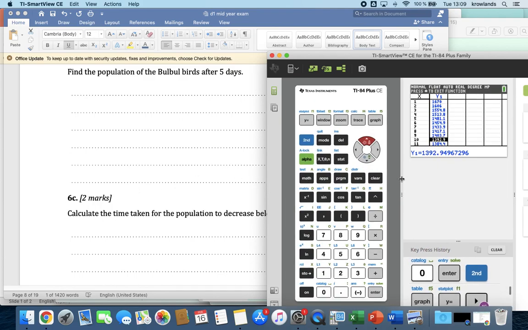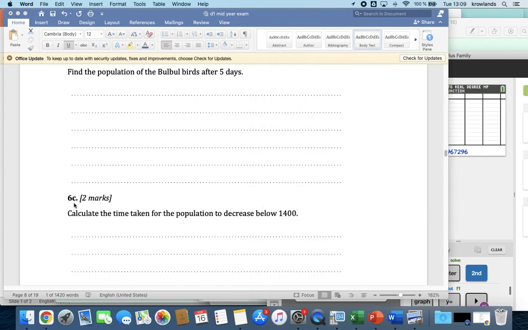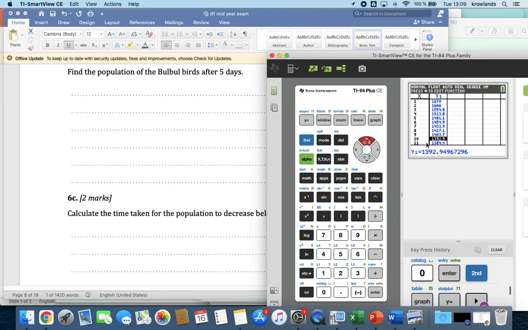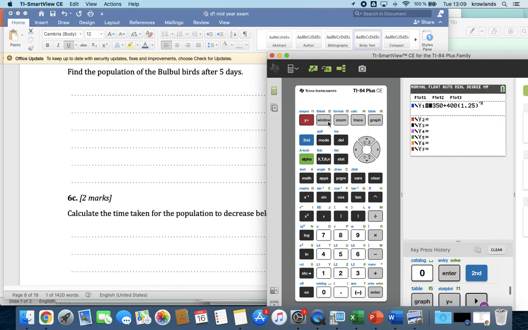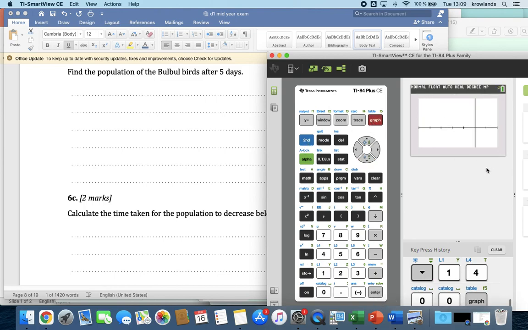And we went over this in a second YouTube video. This method of guessing it was 10, I accepted for the last exam. But for this exam, I showed you another method using YouTube and Edpuzzle. What you have to do is you have to go to y equals, you have to get a line which is 1400. You have to then click graph.